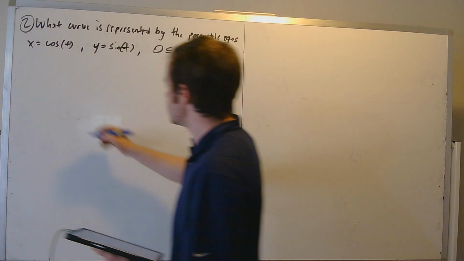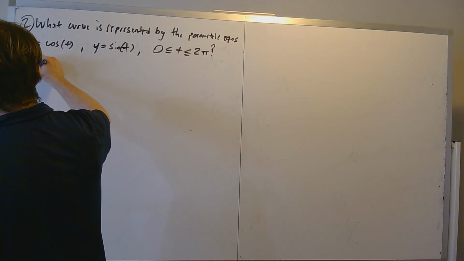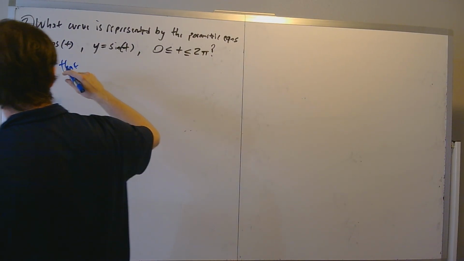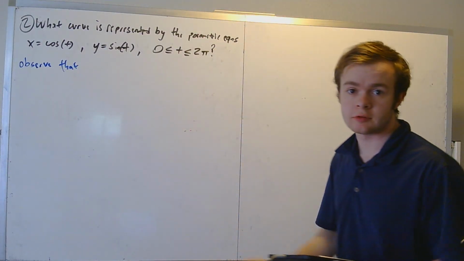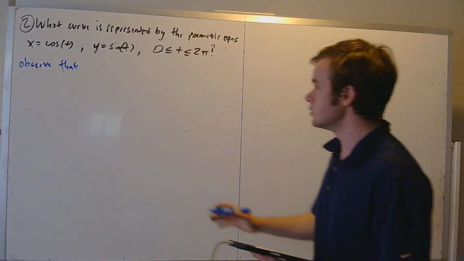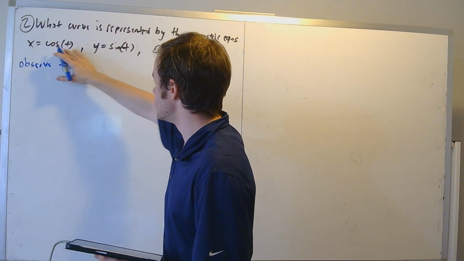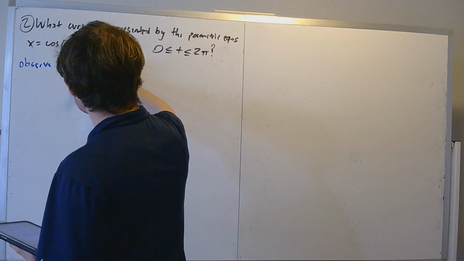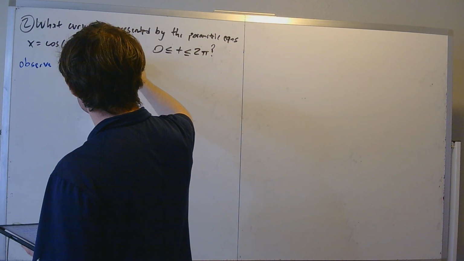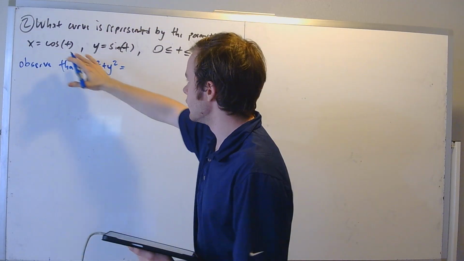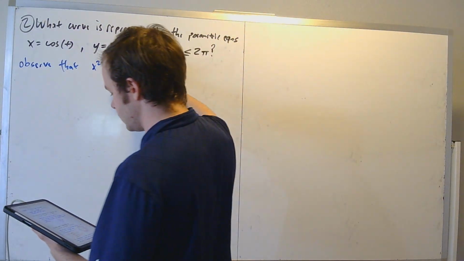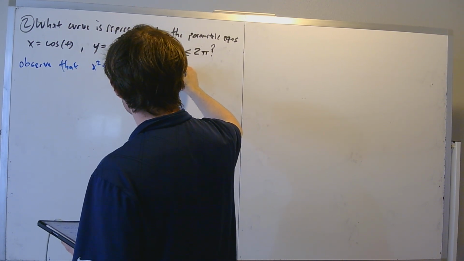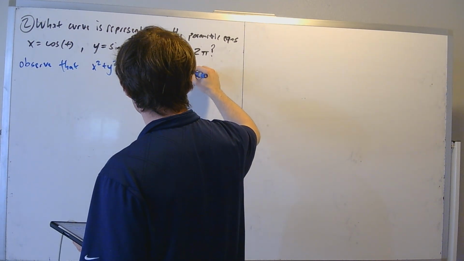So here, observe that. So you might already be able to guess what this curve would be. But here, looking at the relationship between x and y, well, we know if we have x squared plus y squared, then let's write out what that is. That's cosine of t squared, so that's cosine squared of t plus sine squared of t.